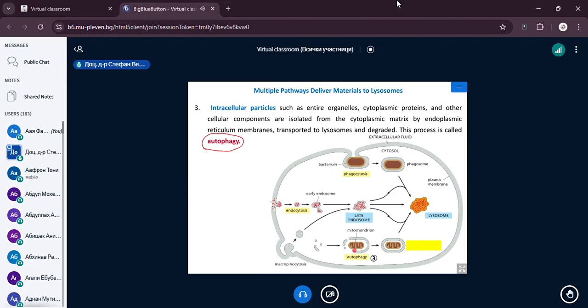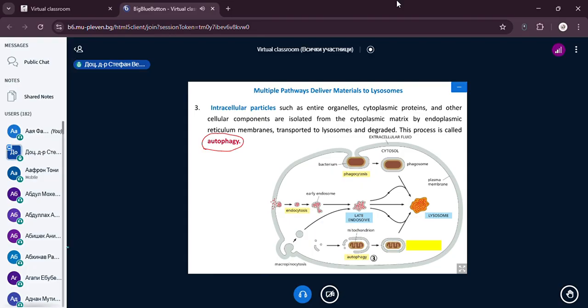Here you see an example of degradation of old mitochondria, which must be eliminated because it starts to be harmful for the cell. And initially, this mitochondrion is surrounded by a membrane formed by the vesicles of the smooth endoplasmic reticulum.